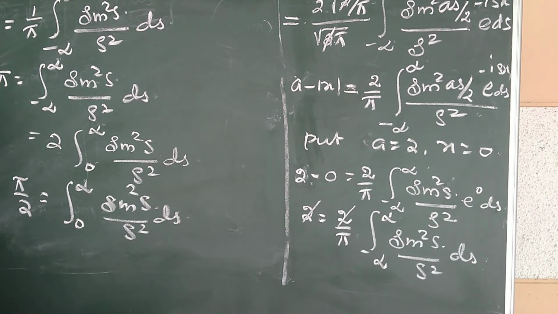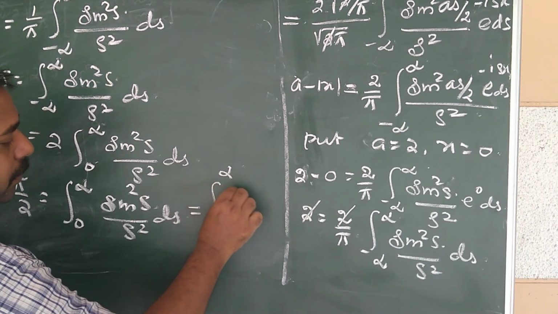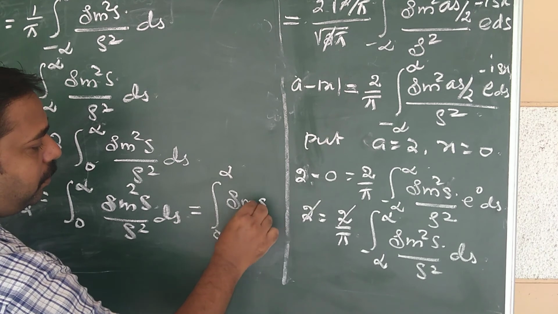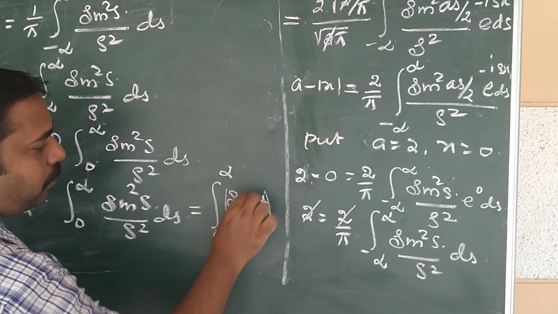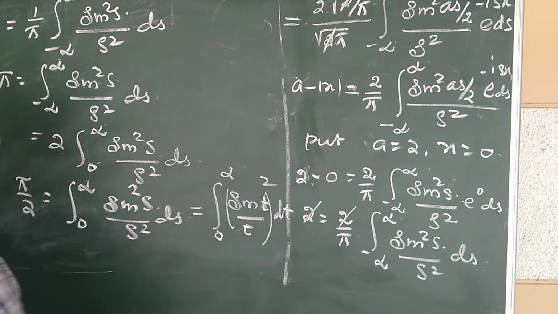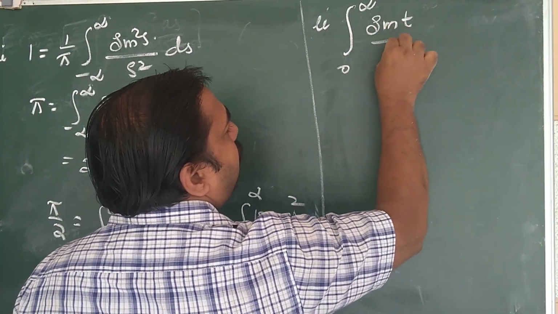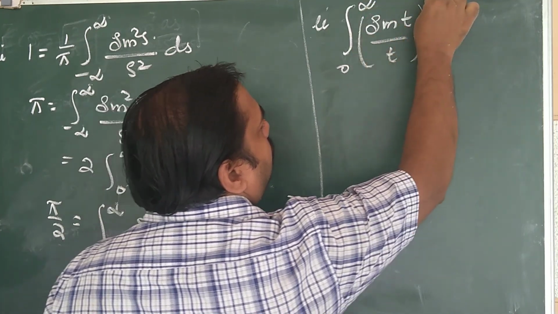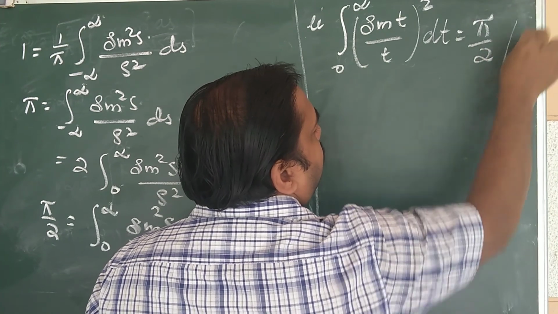So this is equal to integral 0 to infinity of (sin t by t) the whole square dt. So this is our required answer: the integral of (sin t by t) the whole square dt is equal to pi by 2. This is our answer.